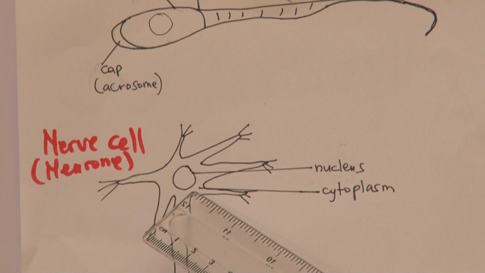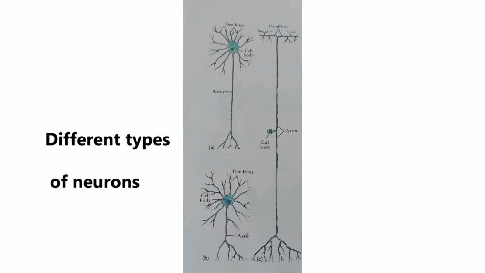An electrical chemical wave is going to go along this structure, and the whole brain and spinal cord is made up of neurons, cells like this. It began as an ordinary cell, differentiated and specialized to conduct impulses.